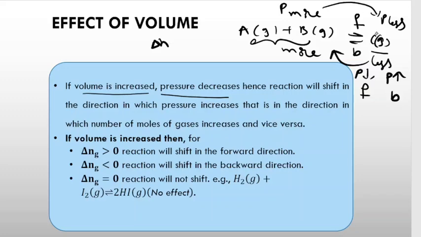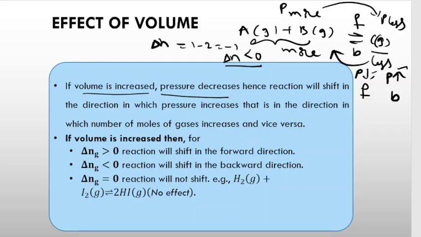Delta N, if we consider products minus reactants, that is nothing but 1 minus 2, that is nothing but minus 1, less than 0. So, when delta N is less than 0, forward reaction pressure is decreasing, backward reaction pressure is increasing. That is exactly all about the given equation.